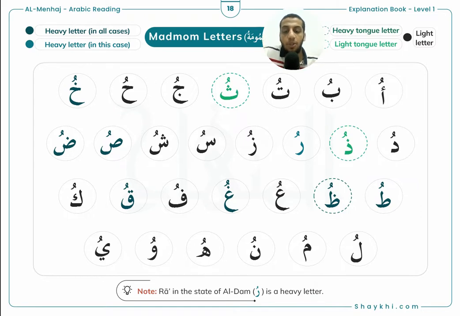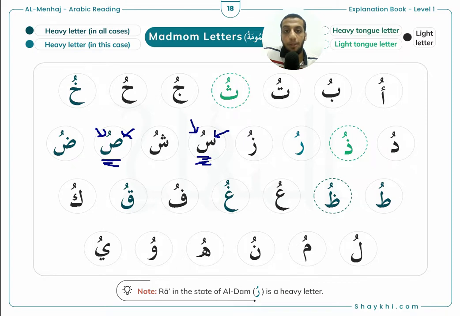We have also here su and su. The difference between them is just heaviness and lightness, which means when we pronounce a sin, the back of the tongue is not raised, and when we pronounce a sad, the back of the tongue is raised.